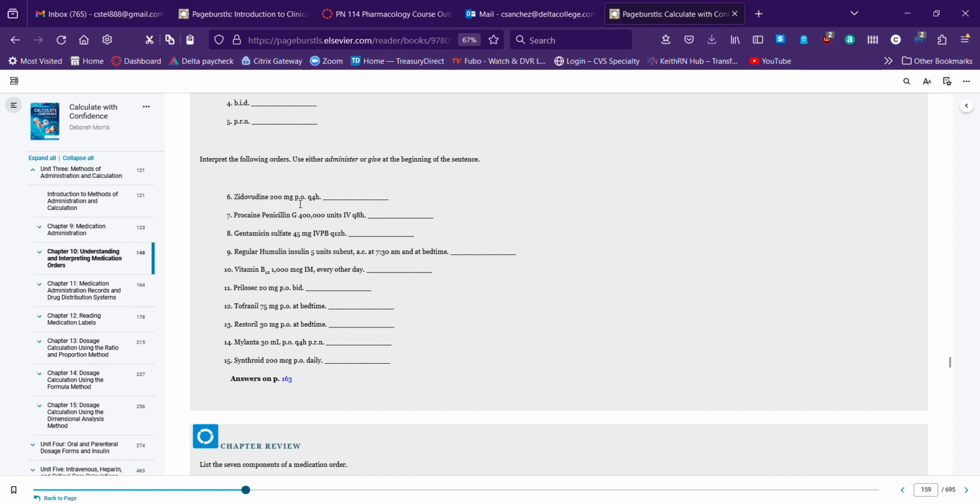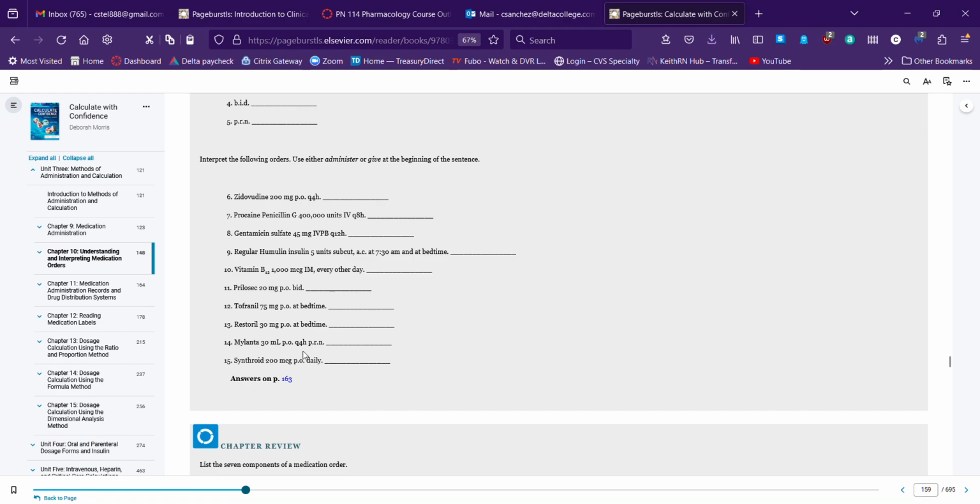So this one is Zytovenidine, 200 milligrams PO Q4 hours. So it's got our drug, it's got our dose, it's got our route, and it's got our frequency. So yes, okay. Let me look at a few of them.